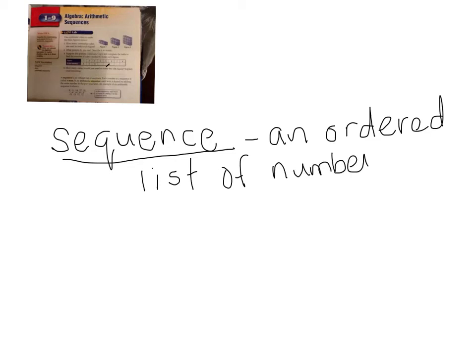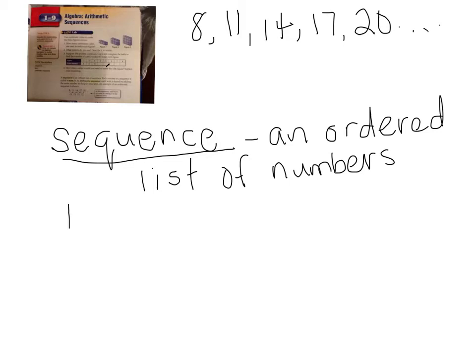Now, it's hard to understand that unless you have an example, so this would be an example. 8, 11, 14, 17, 20, and then I put ... to tell you there would be more numbers, but I just don't want to put the numbers. This is a sequence because it's a list of ordered numbers.